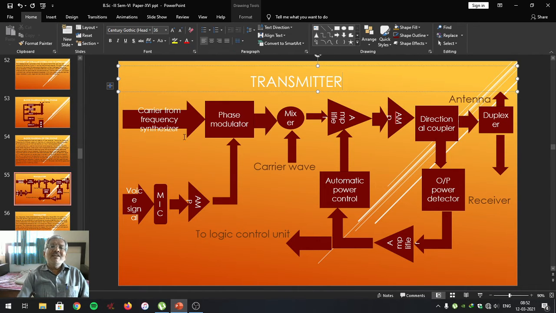That means phase angle of the carrier wave is changed in accordance with the amplitude of the voice signal changes. This phase modulated signal is given to the mixer, where modulated signal and carrier wave are mixed.